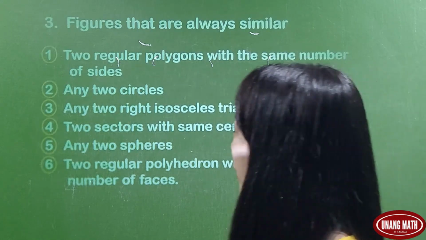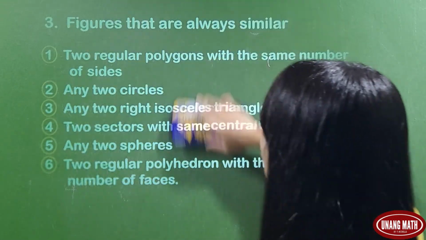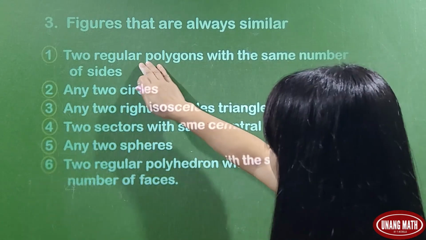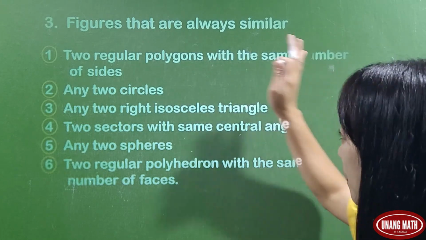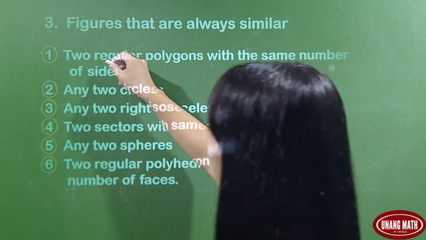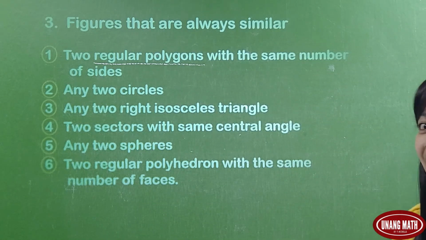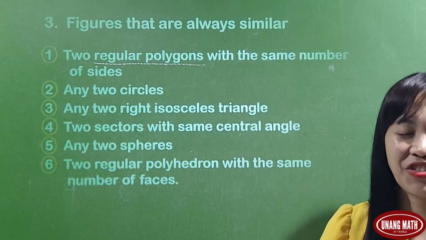Now, what are the figures that are always similar? First, two regular polygons with the same number of sides. Examples of regular polygons, we have equilateral triangles.